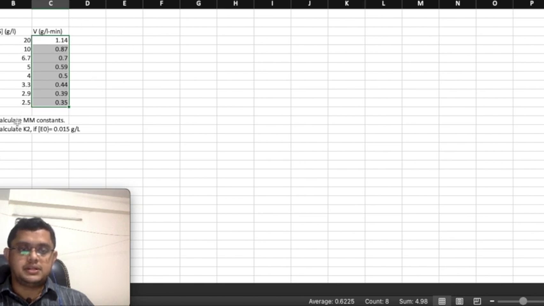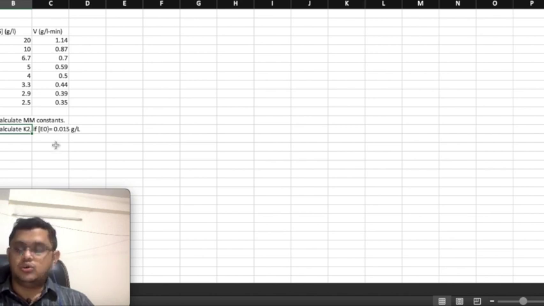From this experimental data, we are supposed to calculate two things. One is the constants. Whenever I say constant, it's both Km and Vm. And they ask you to calculate the K2 value, and also they have provided the total enzyme concentration value.